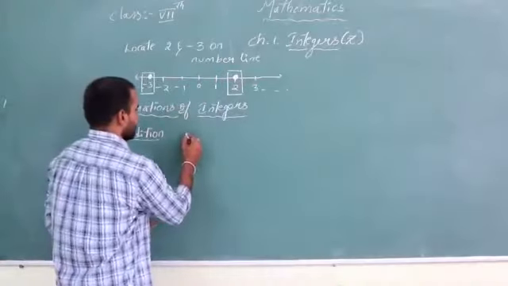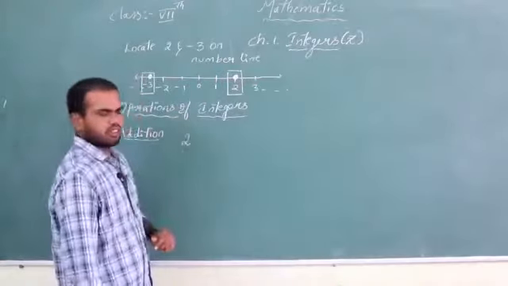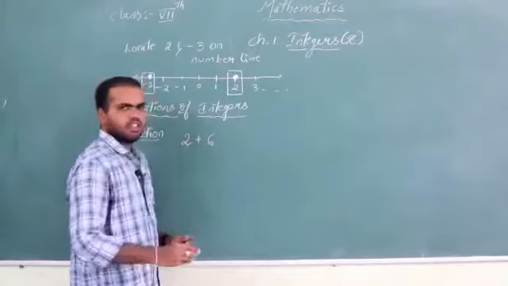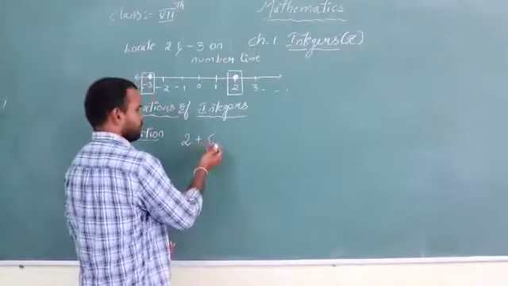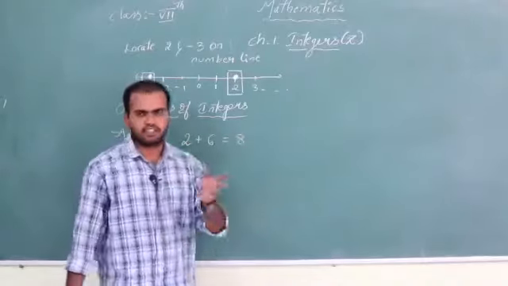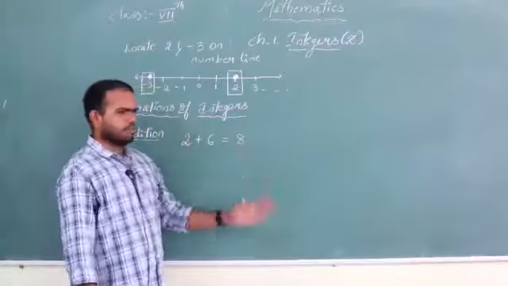Let's take one number 2 and another number 6. Definitely you know 2 plus 6 is 8. Here I took two positive numbers; we will see all the cases.